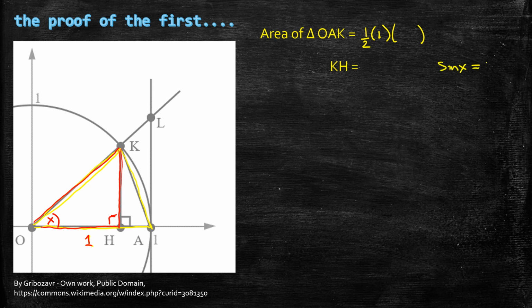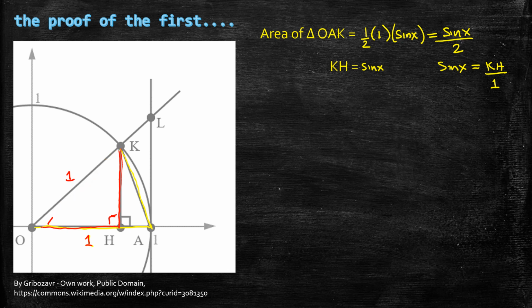The opposite is KH, and the hypotenuse, since it's a unit circle, is 1. So therefore KH is just sine x. We can put this in for the height of the triangle, and we get the area of this yellow region is sine x over 2.